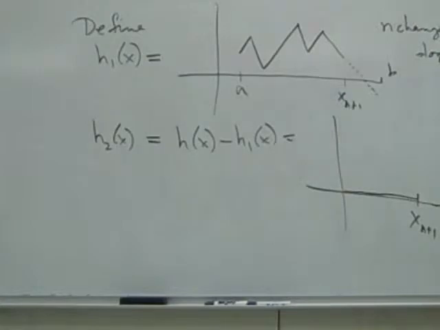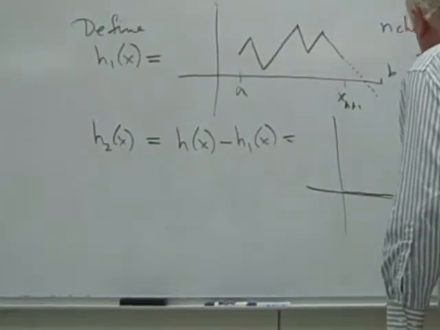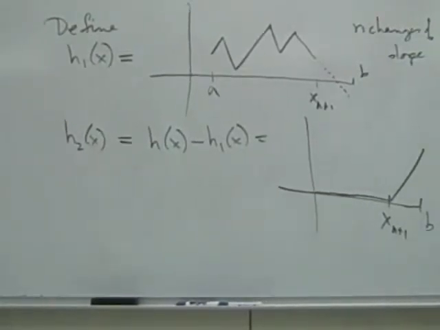The only difference will occur between xn plus 1 and b, where it's the difference of two linear pieces, so that's another linear piece. It'll do something like this. Maybe it goes the other way. Doesn't matter. So I simply alter my function to reduce the number of changes in slope, and then I adjust by adding back whatever change I made between xn plus 1 and b. It'd be a mess to write this down, but I think pictorially it's convincing.